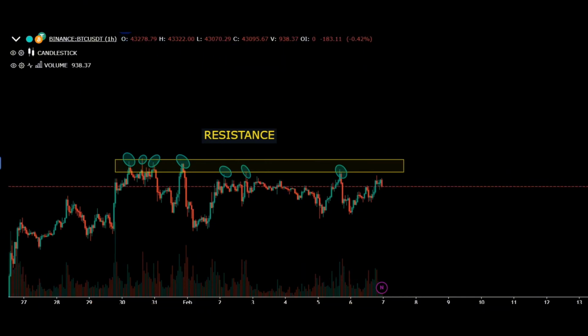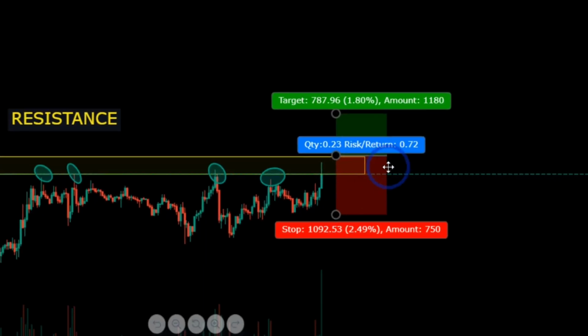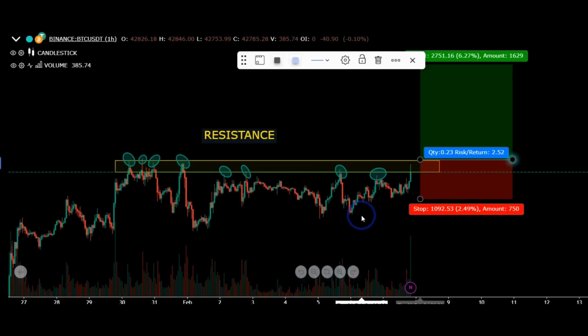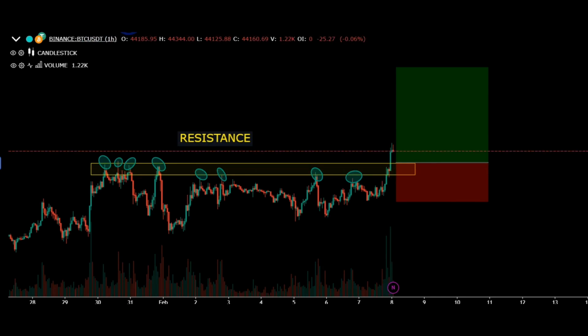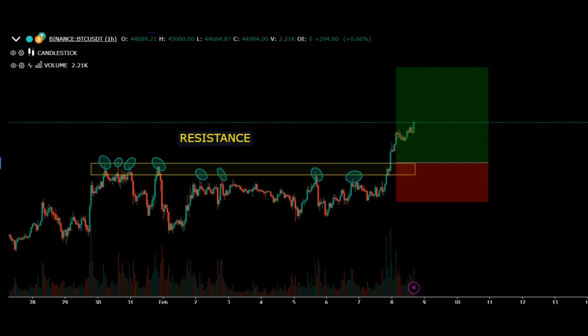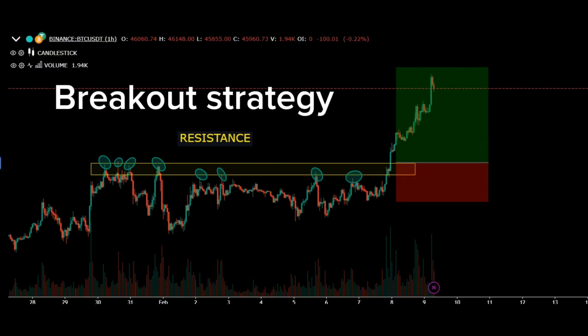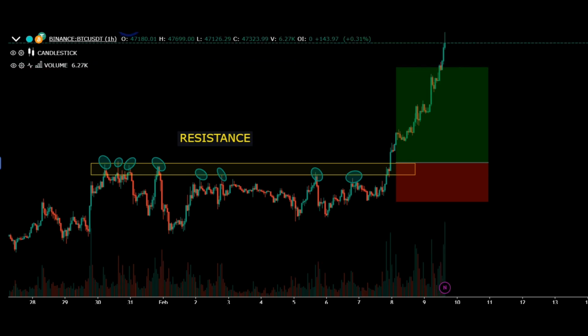After the resistance zone was broken, we set the breakout candle as the entry point and the last low as the stop loss, then entered the position. This strategy is known as the breakout strategy from support and resistance levels.